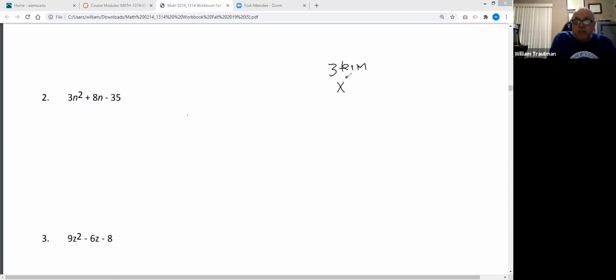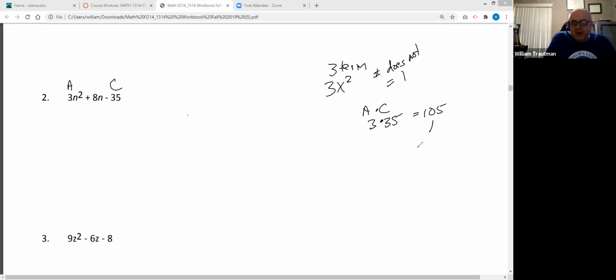So then I'm going to go to the 3-term method when the number in front of x squared does not equal 1. The steps are: step 1, multiply a times c. 3 times 35 equals 105.